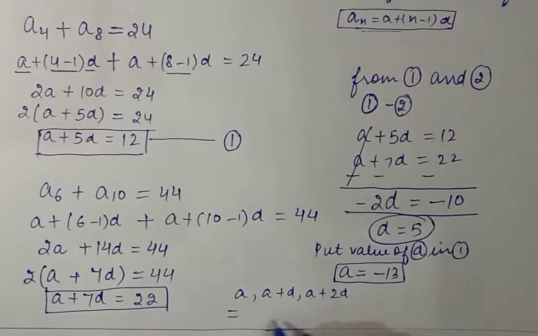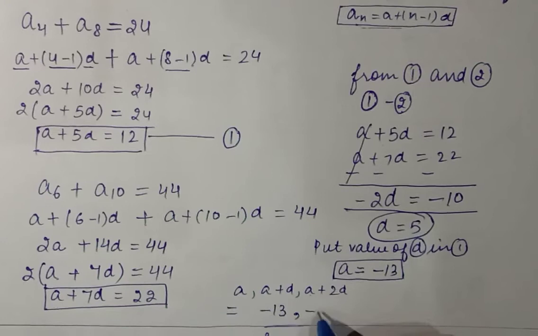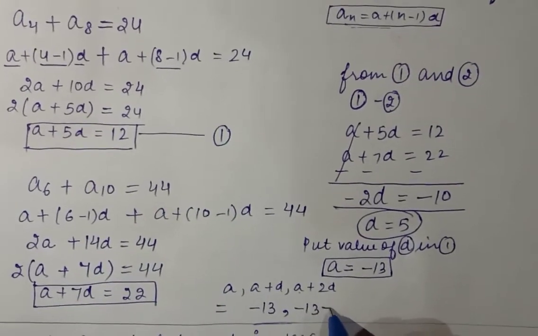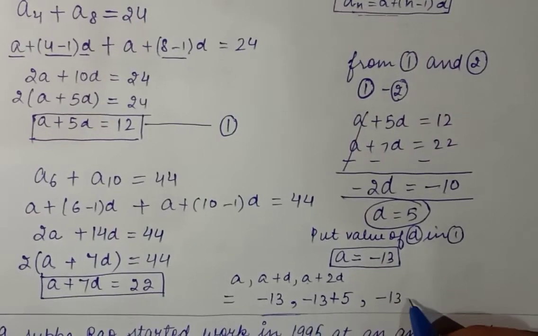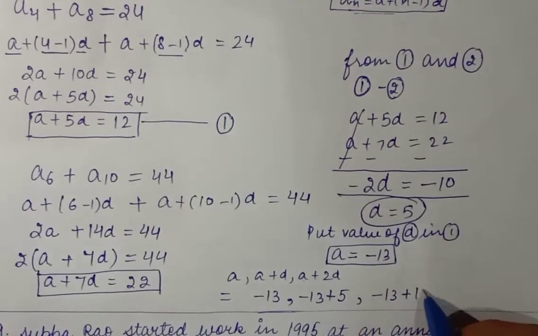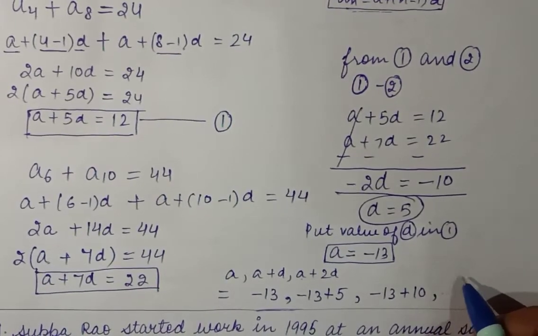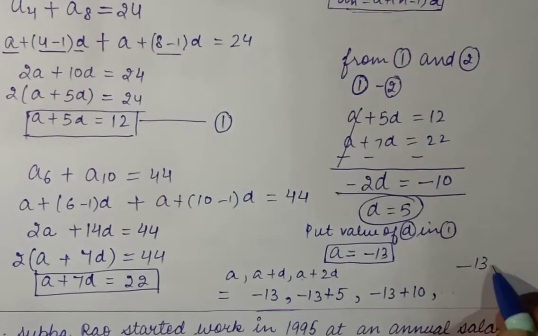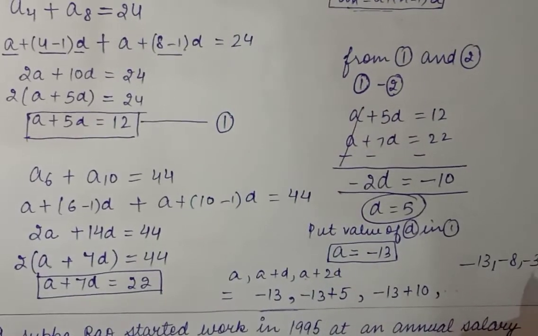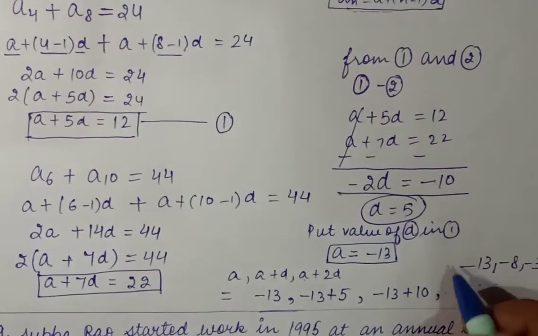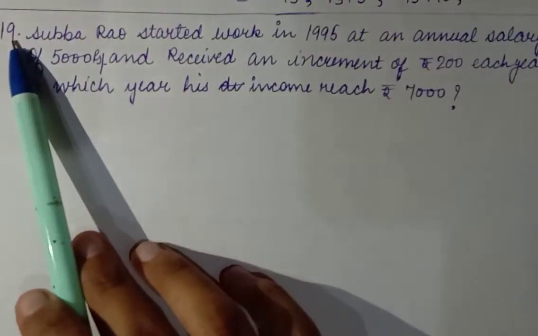So a is minus 13, second term is minus 13 plus d, which is 5, third term is minus 13 plus 2 into 5, which is 10, and so on. So our answer is minus 13, minus 8, minus 3 and so on. This is our answer.